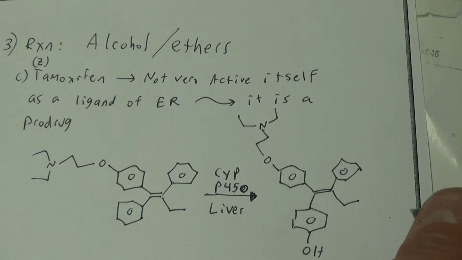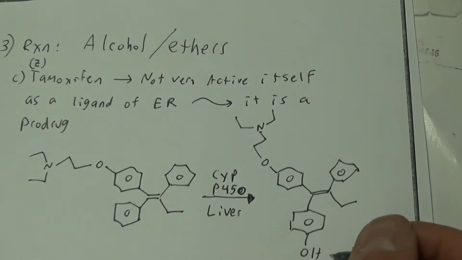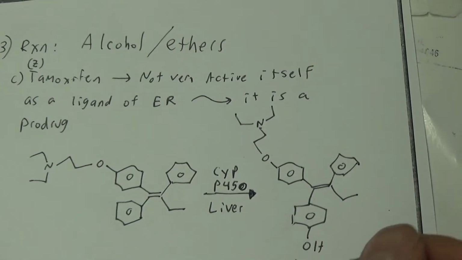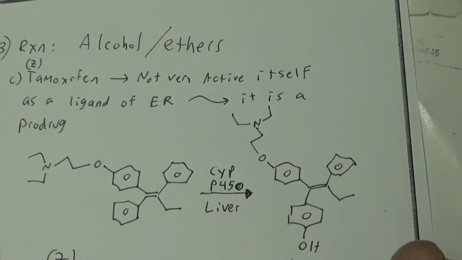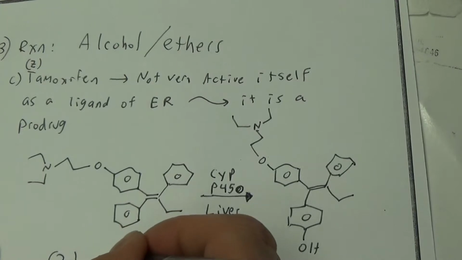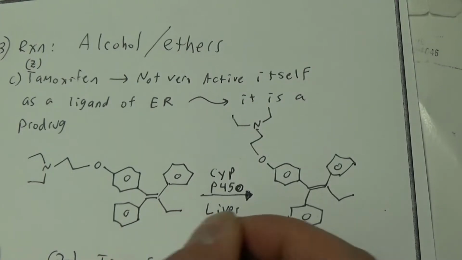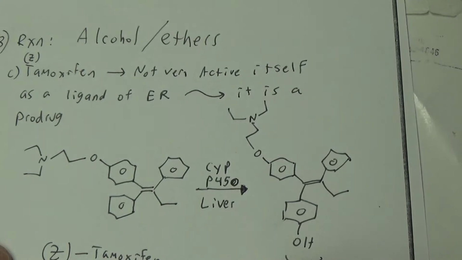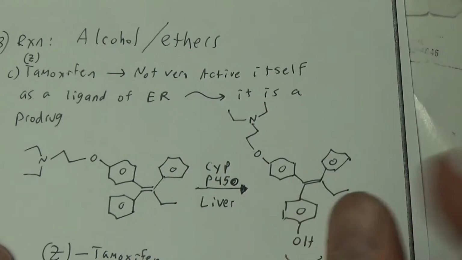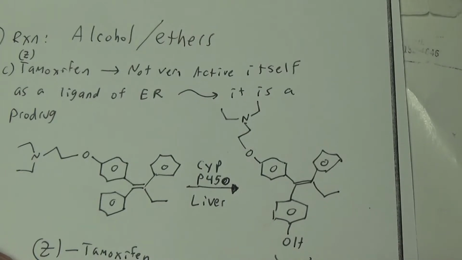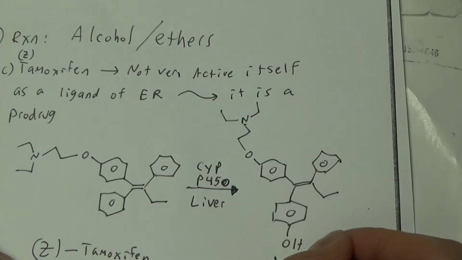Okay, and this is important now for binding to the ligand receptor. This is the estrogen receptor. So this is Z-tamoxifen, and this is called Z4OH, hydroxy tamoxifen. Okay, cool.